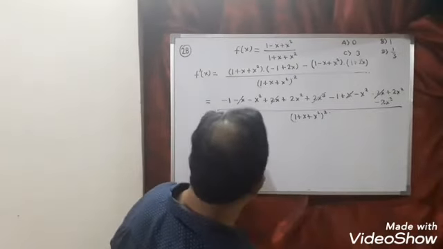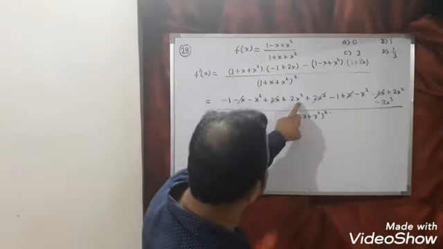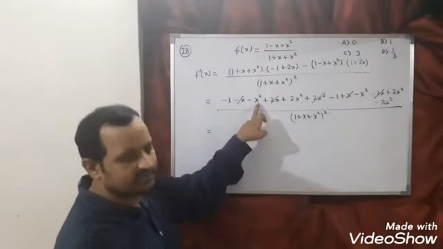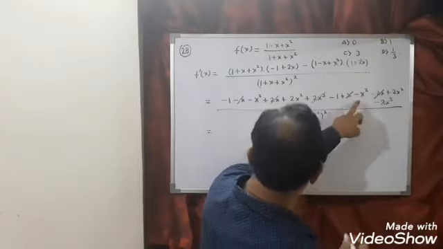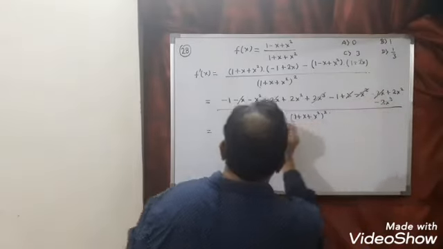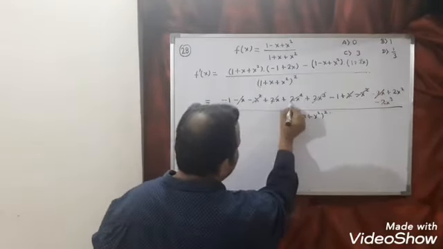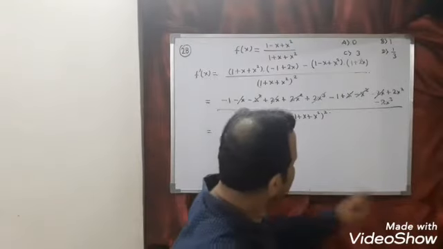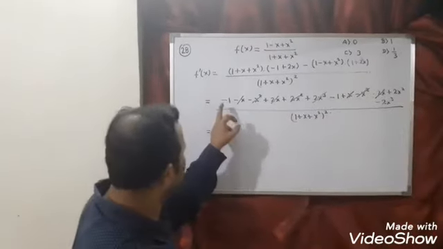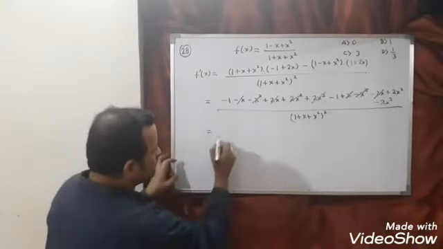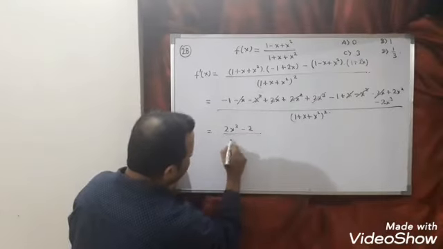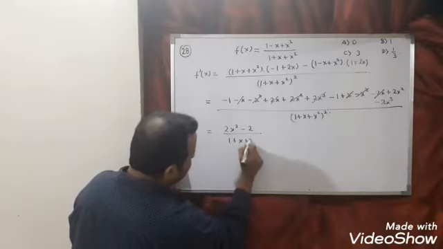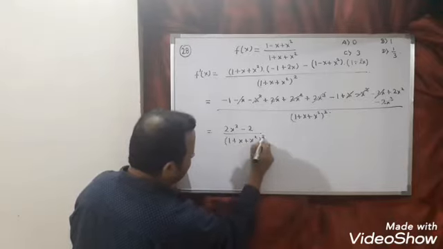Next, now see here, 2x square minus x square, and this x square cancels. So minus x square, 2x square cancels, so 2x square and here minus 2. So 2x square minus 2, whole divided by 1 plus x square whole square.